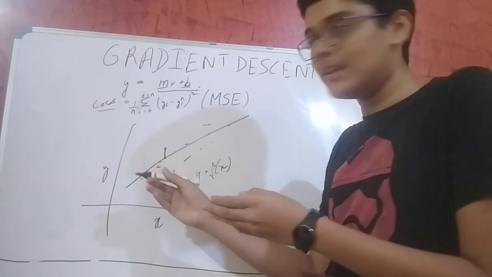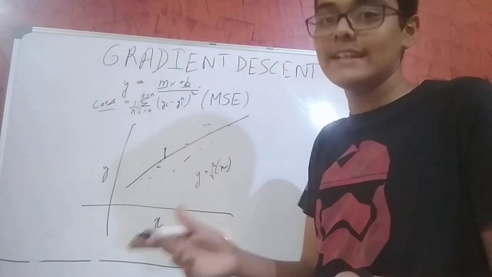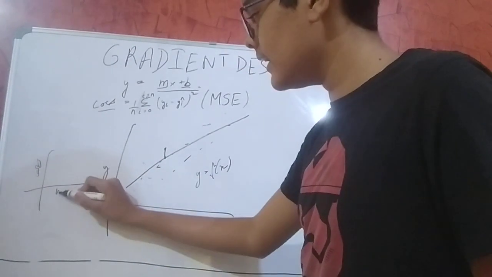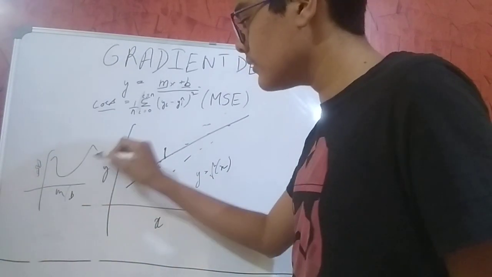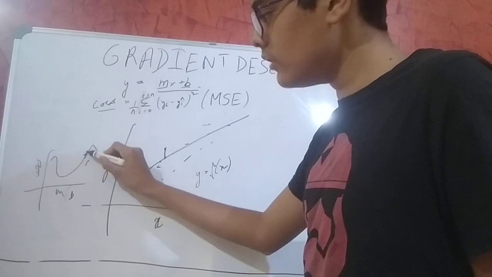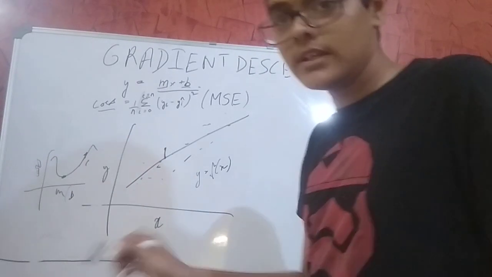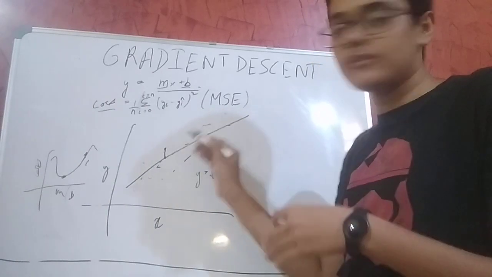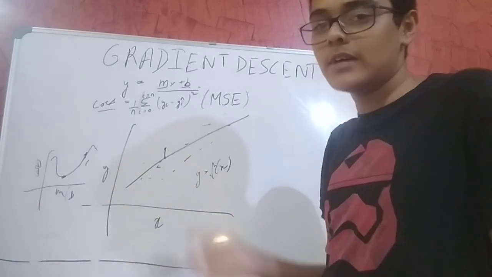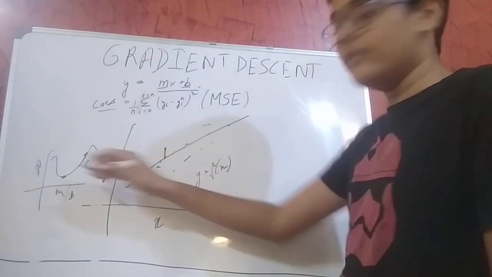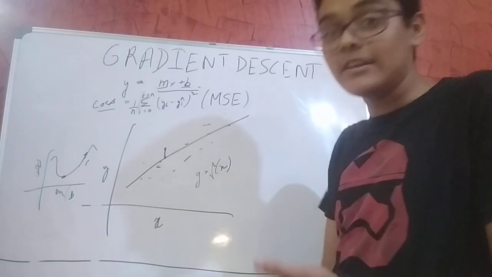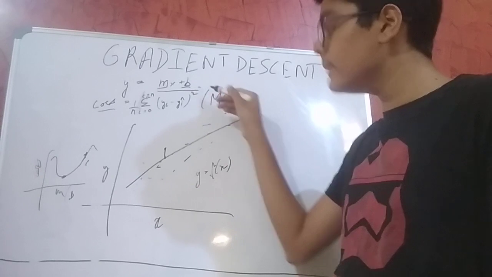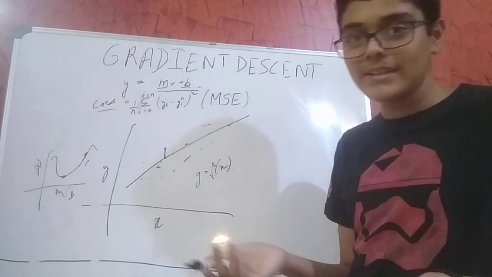Once we have the mean squared error loss function, we minimize it using gradient descent. You had the loss, you had m, you had b, you had some function, and you start minimizing, and then finally you reach your minimum. That's how we minimize this loss function. This is an iterative process, so by the end of probably 100, 200 iterations, you would get good values for m and b that will make this line the best fit line.